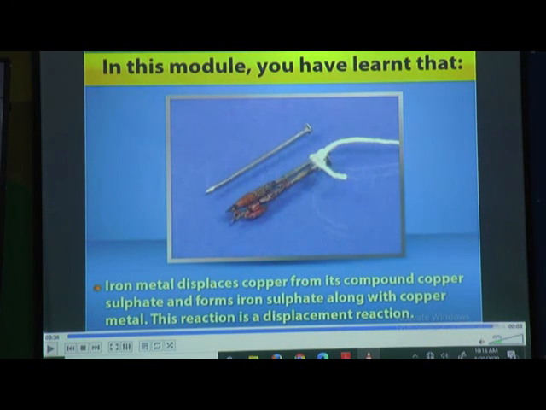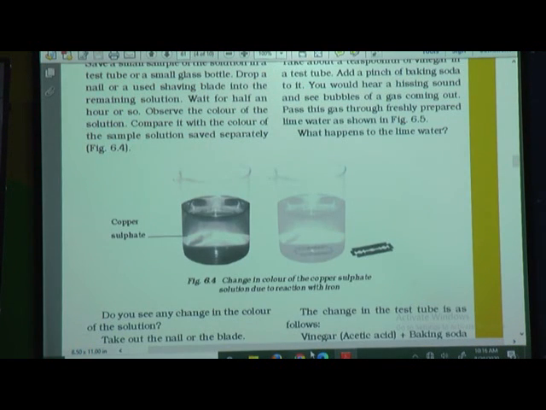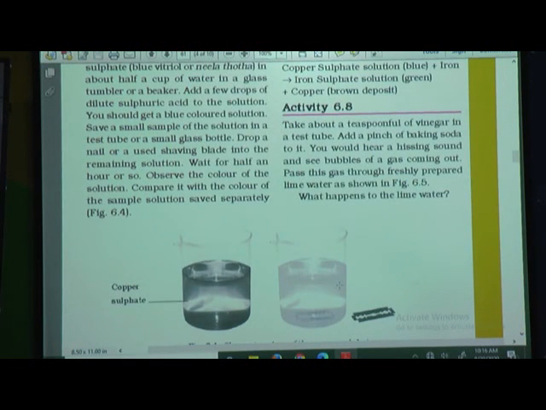So we will see another example of chemical change, which is activity number 6.8. Read this activity. Take about a teaspoon of vinegar in a test tube, add a pinch of baking soda to it.